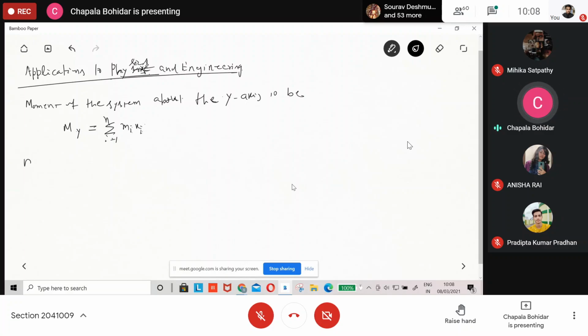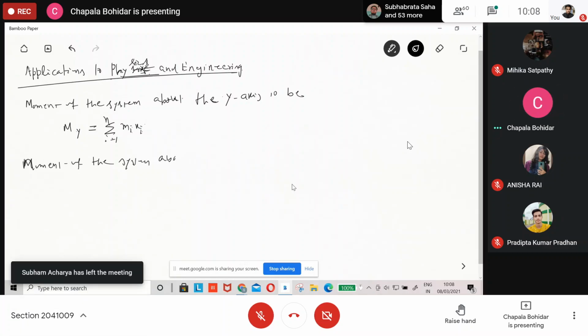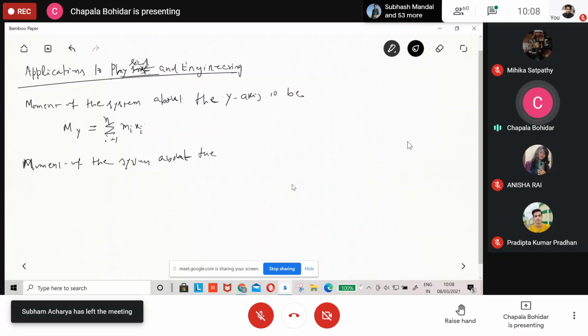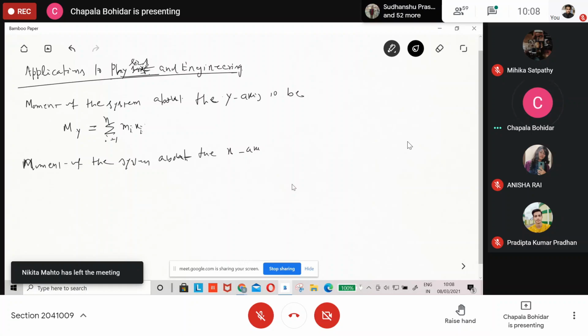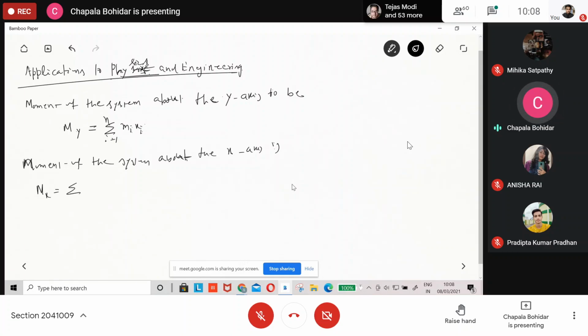Moment of the system about the x-axis is Mx is equal to summation over i is equal to 1 to n mi yi.